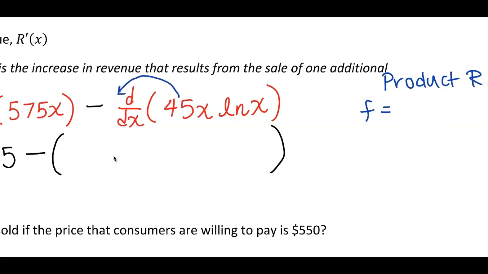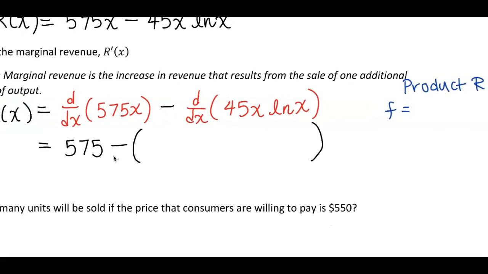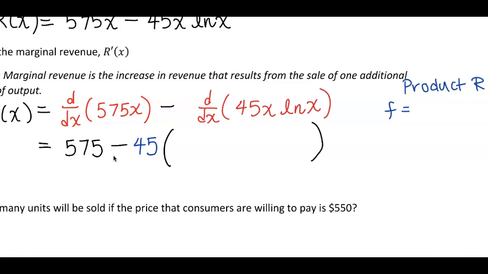We can do that, right? That's just a constant. That will make it a little bit easier. So I will have the 45 outside, and I will just find the derivative of x times natural log of x.